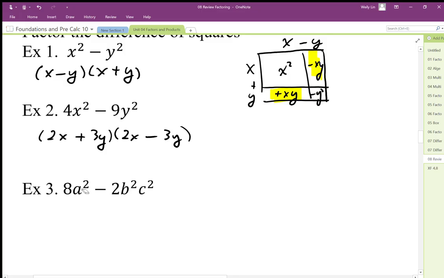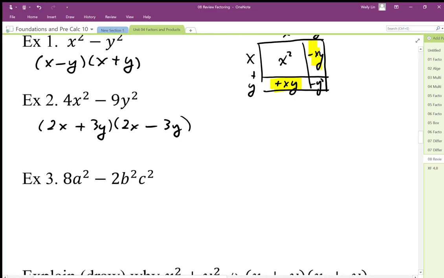Again, here we don't have a perfect square, and we would not be able to write this as a difference of squares. However, we always have to remember, and we should have mentioned up here, we always factor the greatest common factor. So here there is a greatest common factor of 2, and then when we factor that out, we end up with 4a squared.